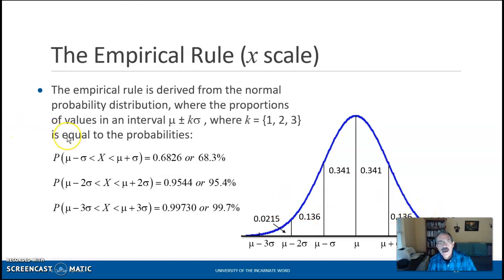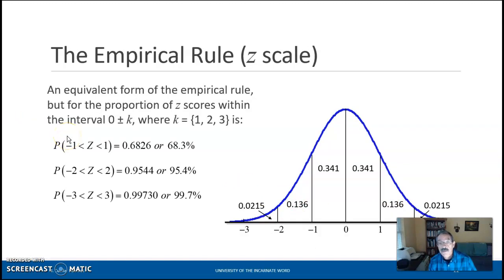All right, so now here's the empirical rule in terms of the z-scale. So now we simply write that the probability the z random variable is between -1 and 1 is 0.6826 because we know that the z-scale is in multiples of standard deviations. So the probability that the z random variable is between -2 and 2 is 0.9544.